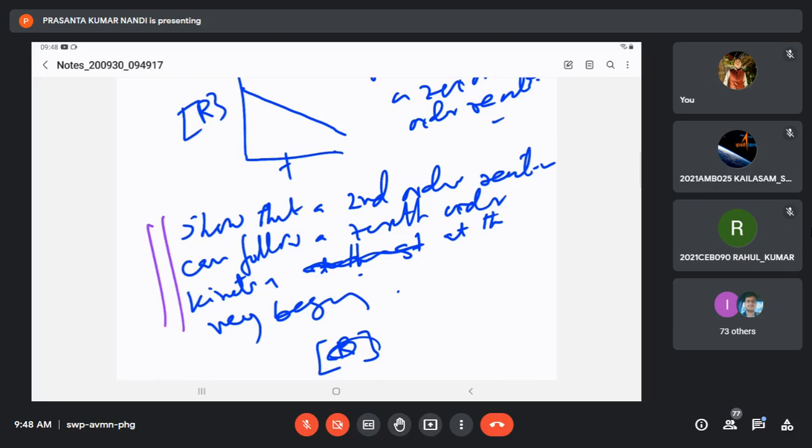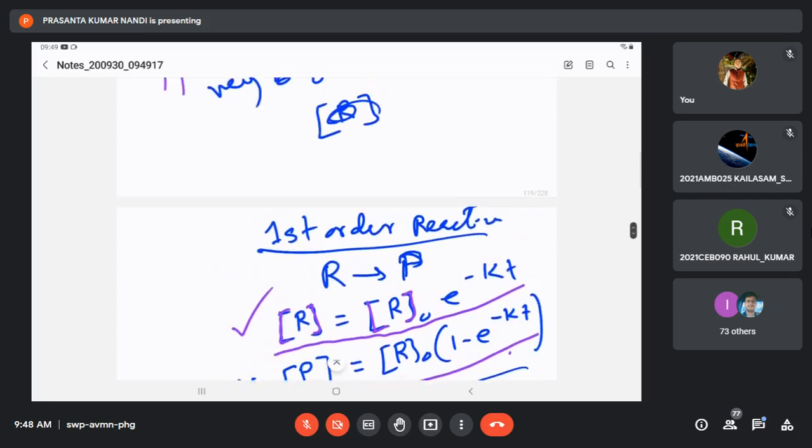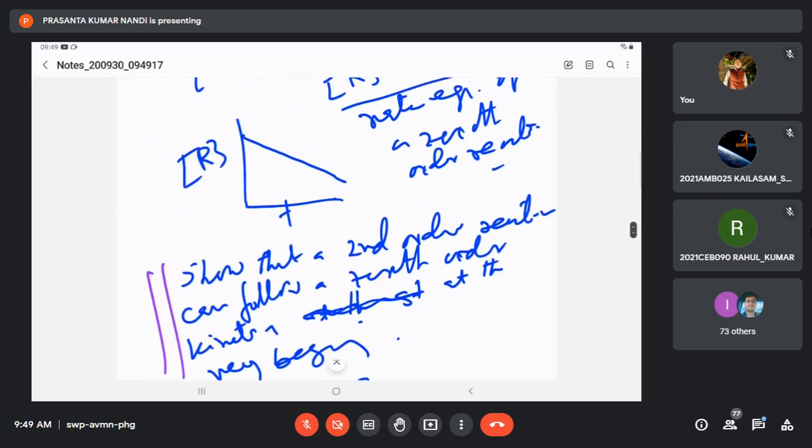So this is a small home assignment, so that a second order reaction can follow a zeroth order kinetics at the very beginning.